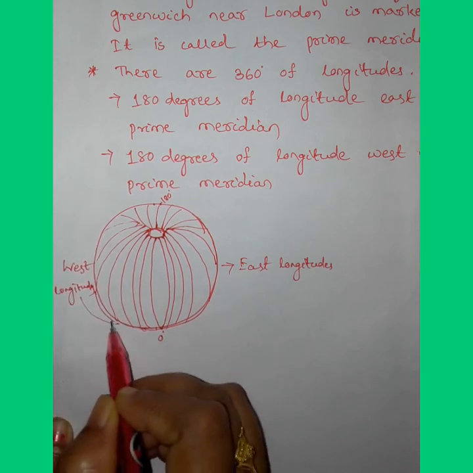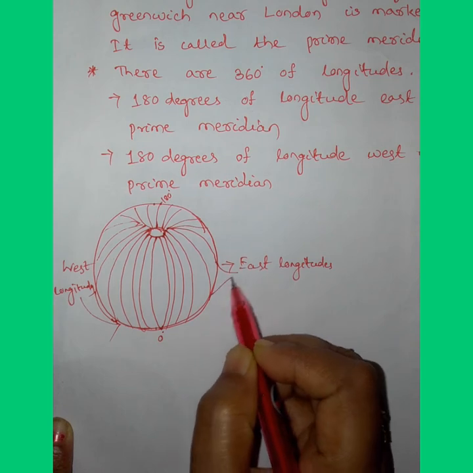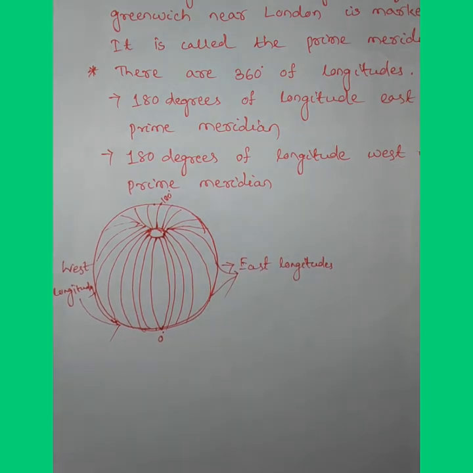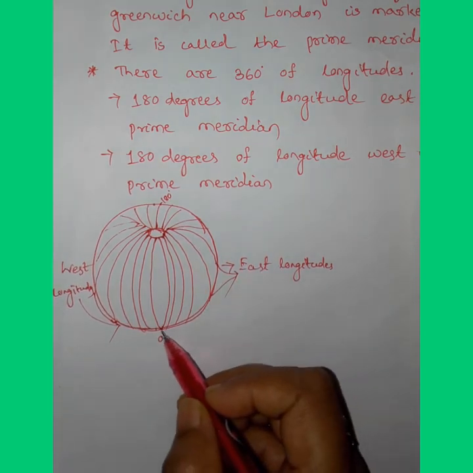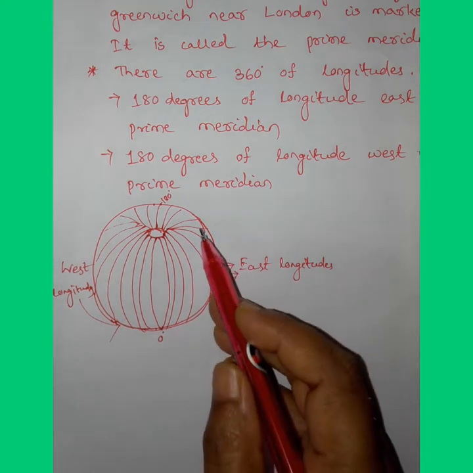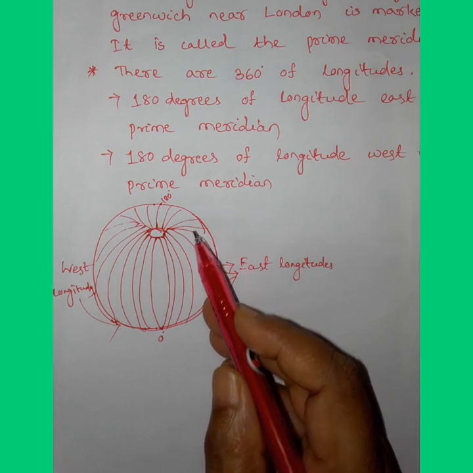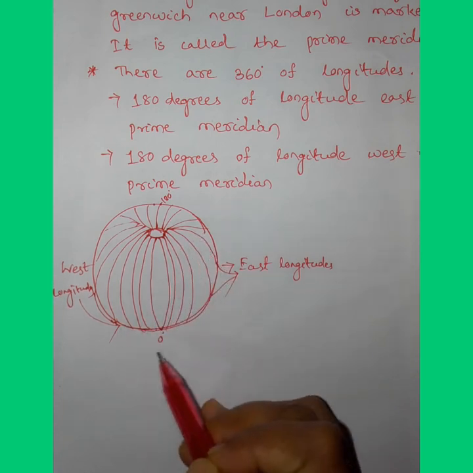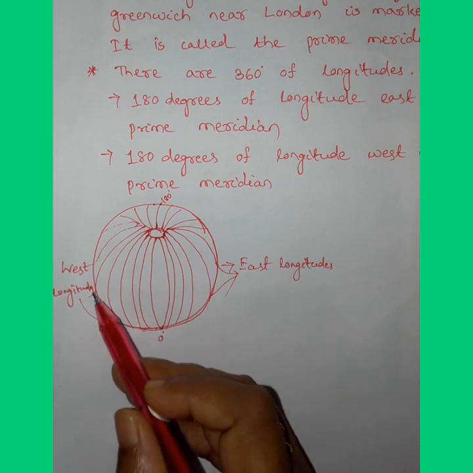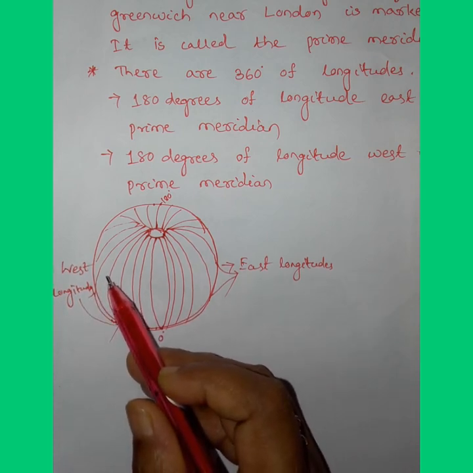In the eastern hemisphere there are 180 degrees of longitude, and in the western hemisphere there are 180 degrees of longitude.